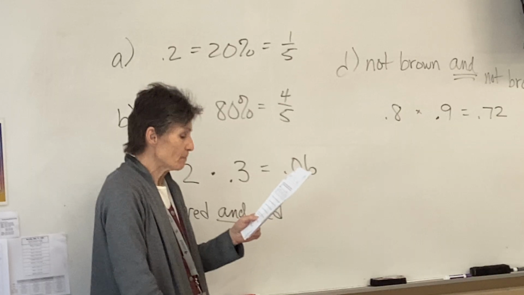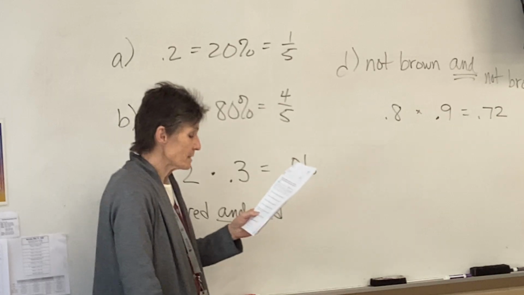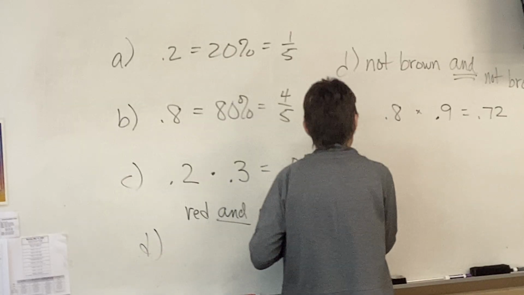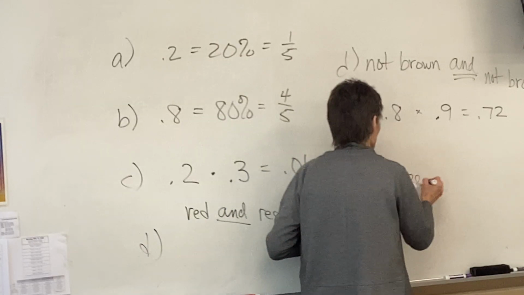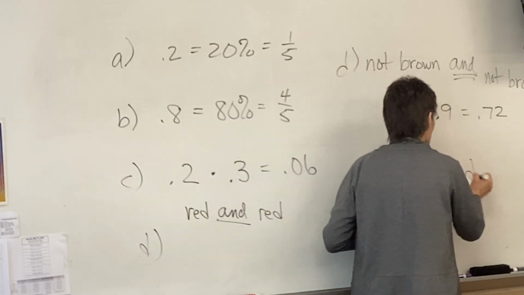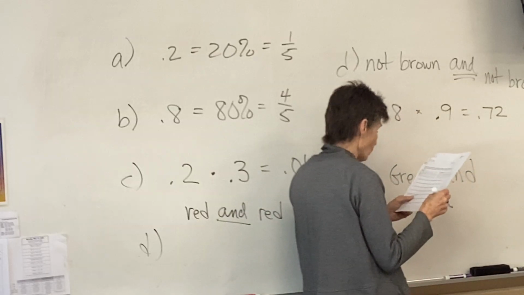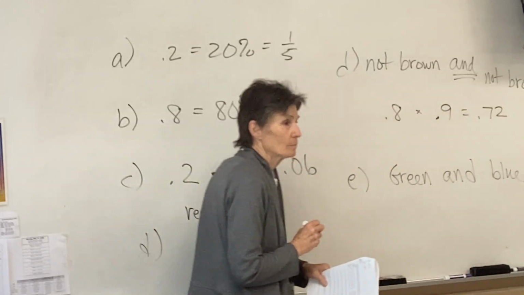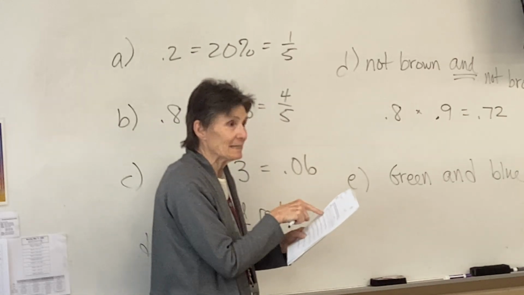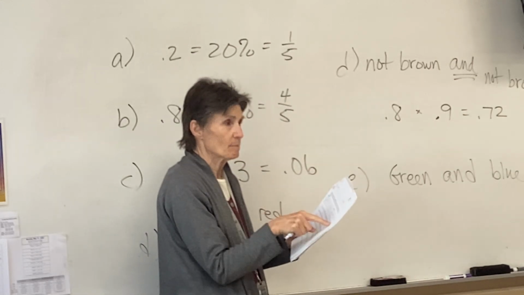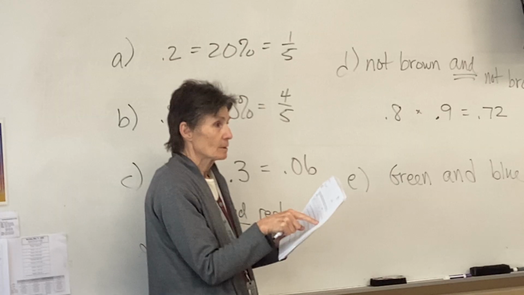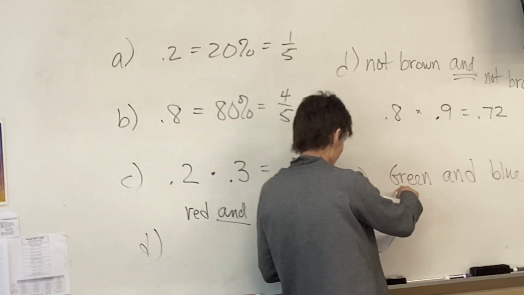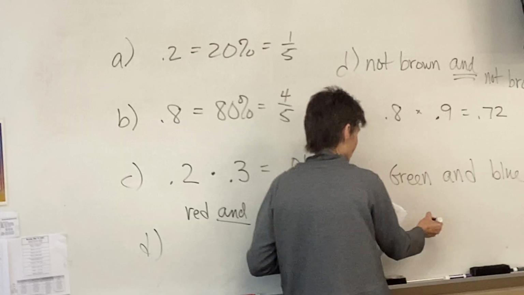Candy is chosen from each bag. What is the probability that the first one will be green? So I want green, and the second one will be blue. All right, so that's Maggie is green, Elizabeth is blue. So what's the probability Maggie's green? 0.3.